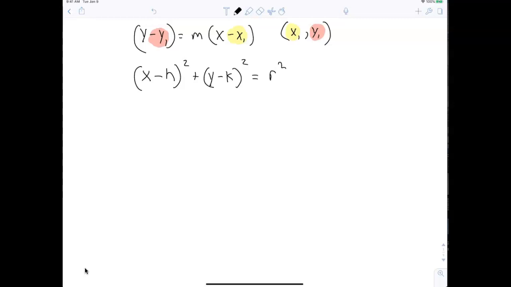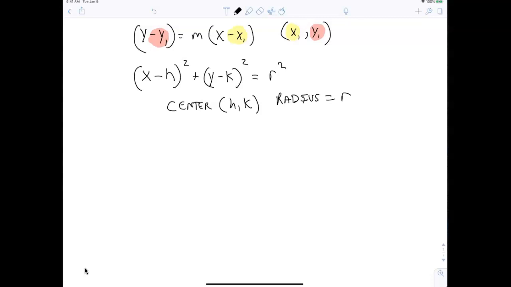Now, the center of the circle is h comma k, and the radius of the circle is equal to r. Notice in the formula it's r squared, and the radius is r.